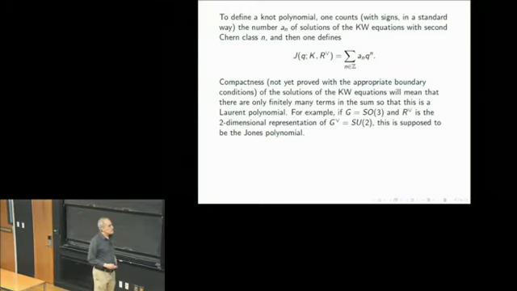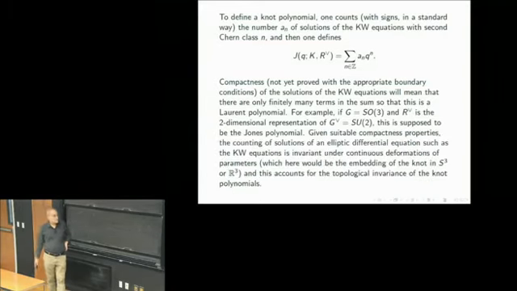For example, if G is SO(3), and R check is the two-dimensional representation of the dual group, which then is SU(2), this is supposed to be the Jones polynomial. Now, given suitable compactness properties, the counting of solutions of an elliptic PDE is invariant under continuous deformations of parameters.